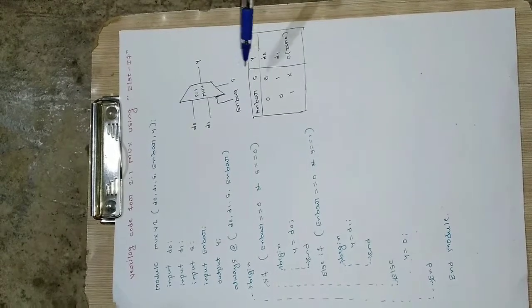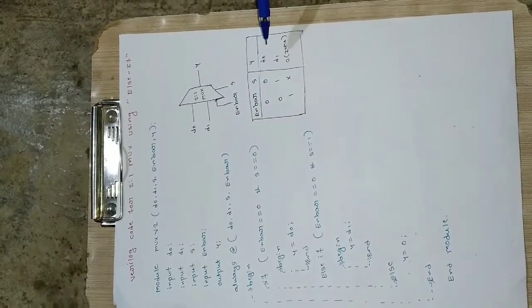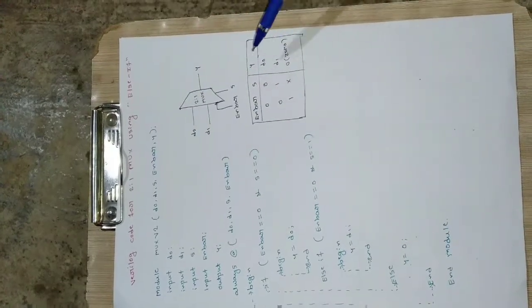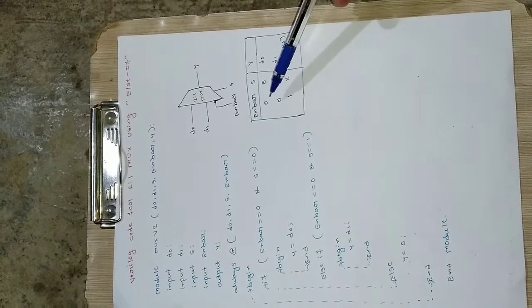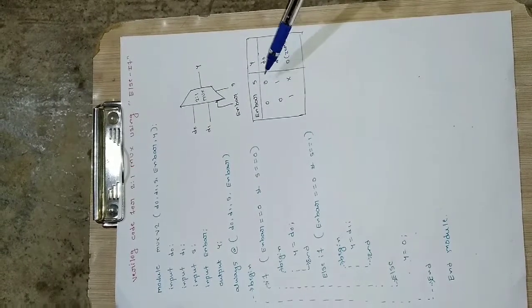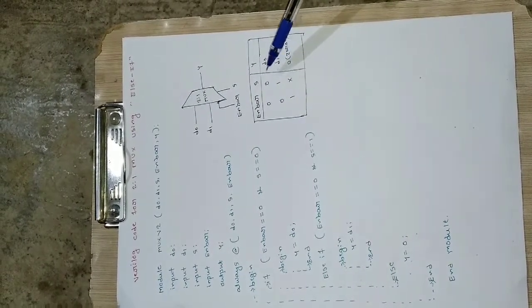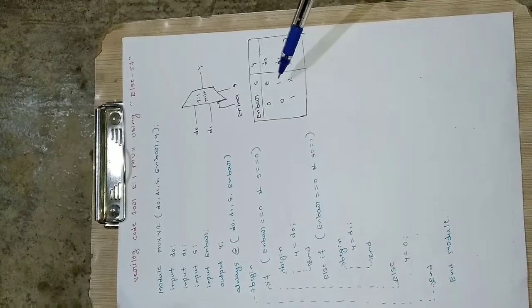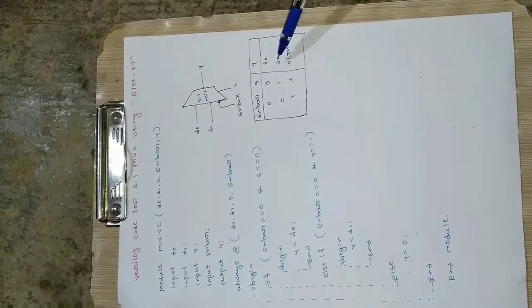Okay, so this shows the truth table for the MUX. So enable bar, S and Y. Y is the output here. So if enable bar is 0, that is active low, and S value is 0, at that time D0 will be the output. And if enable bar is 0 and S is equal to 1, at that time the output will be D1.